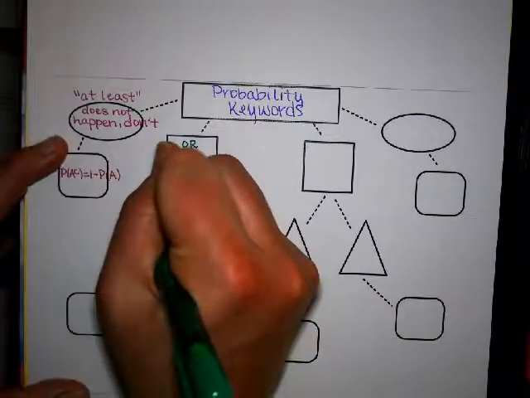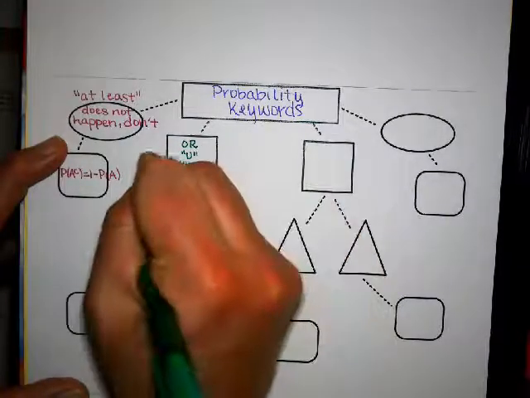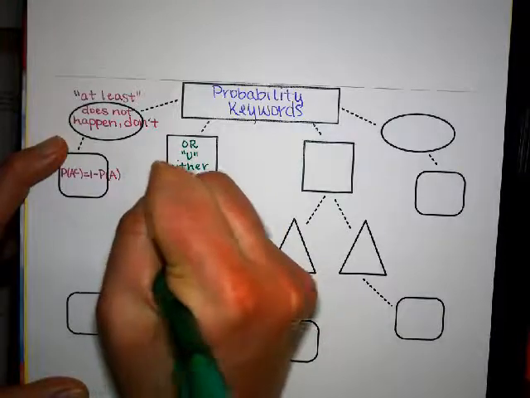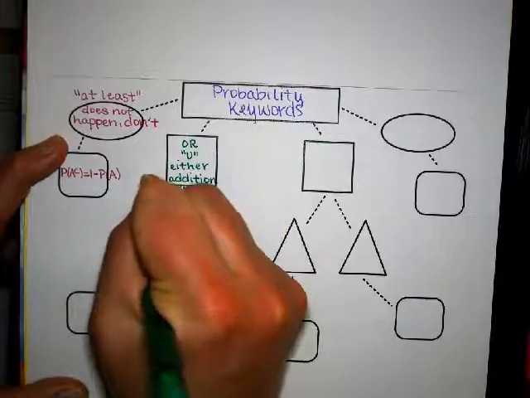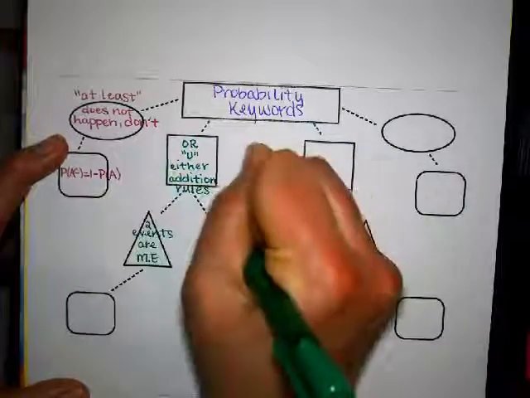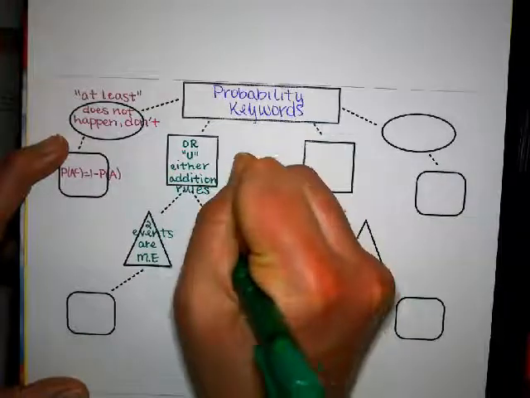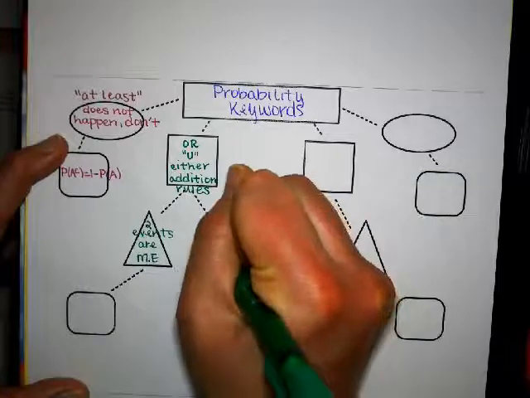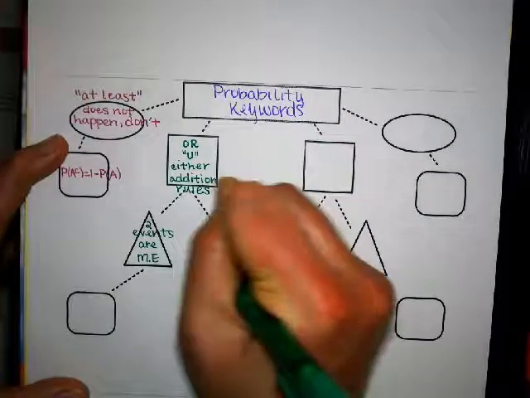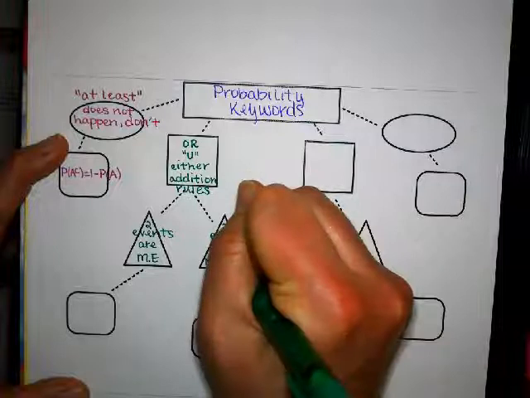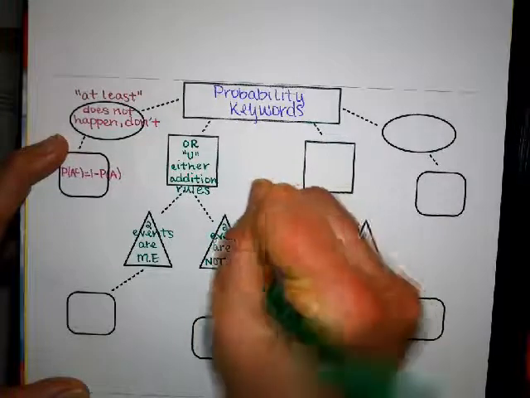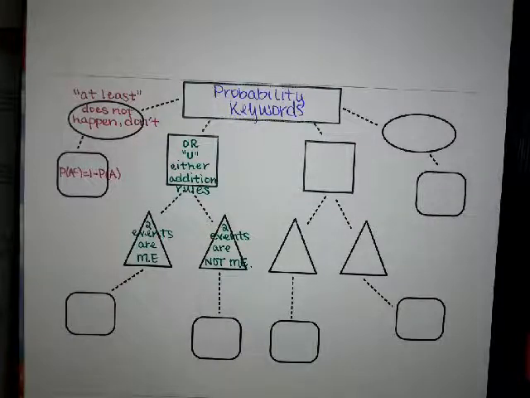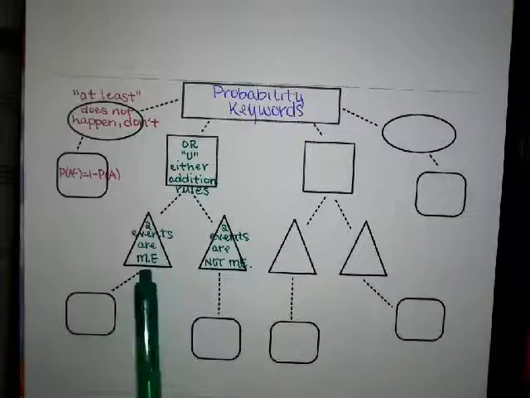So when you see or, either, anything that might mean or, there are two situations. The two events are mutually exclusive, or the two events are not mutually exclusive. So when you see the question and it tells you that you're working with the or situation, ask yourself, are the two events mutually exclusive, or can they happen at the same time?